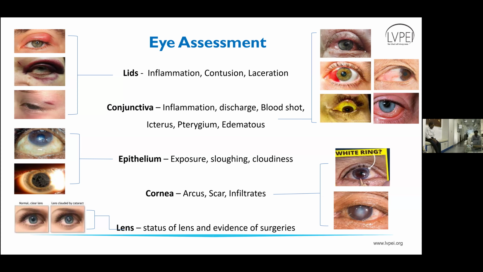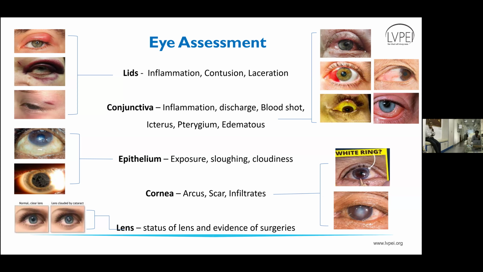Then comes the lens. The status of the lens, we need to check if there is any evidence of surgeries, any IOL scars present on the cornea. Usually all of us have a natural lens, God-given lens, right? If the natural lens is not present and in place of that an intraocular lens is present, that is called pseudophakic.